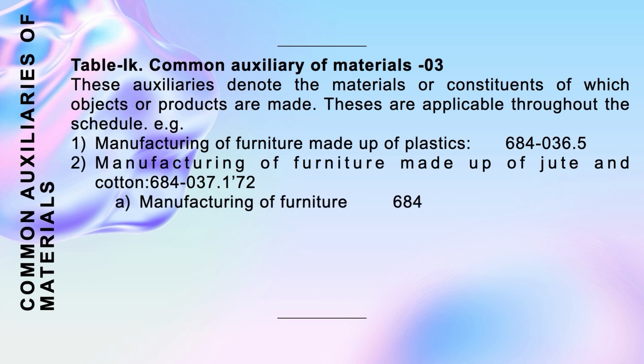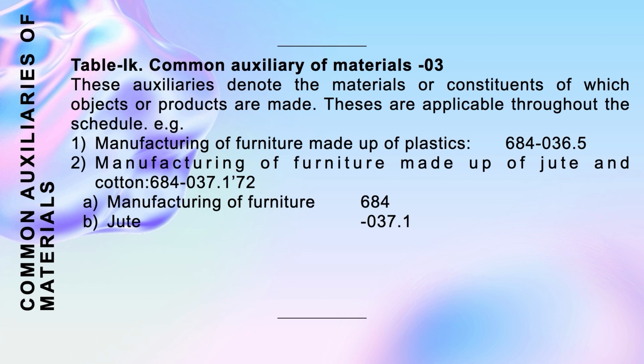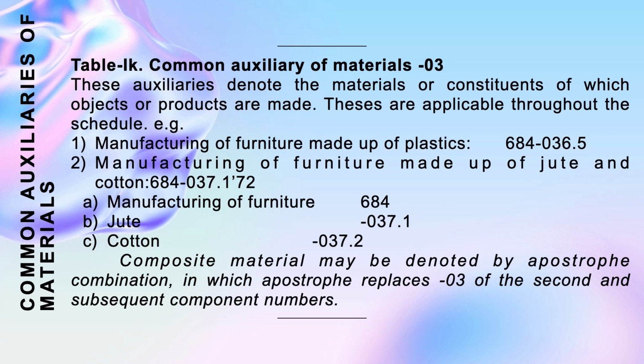So manufacturing of furniture 684, then the number of jute in material common auxiliary, hyphen 037.1, and cotton, hyphen 037.2. And you see the note, composite material may be denoted by apostrophe combination in which apostrophe replaces hyphen 03 of the second and subsequent component number.